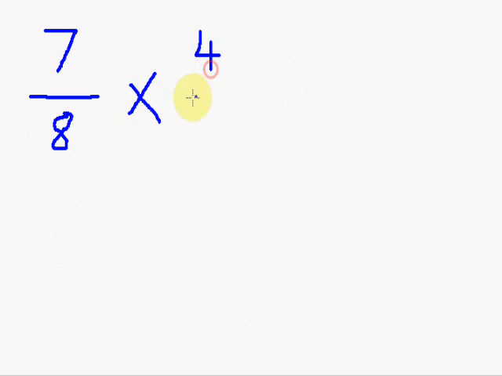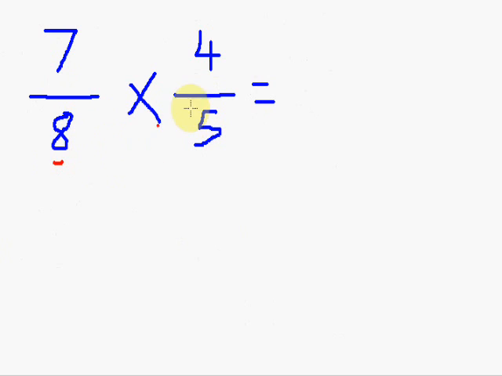So let's look at it another way. Okay, so let's look at this one here. Okay, say we have 7/8, and let's multiply this by 4/5. Okay. In this one, again, I would say we can simply multiply straight across the numerators and the denominators, and then we can cancel.